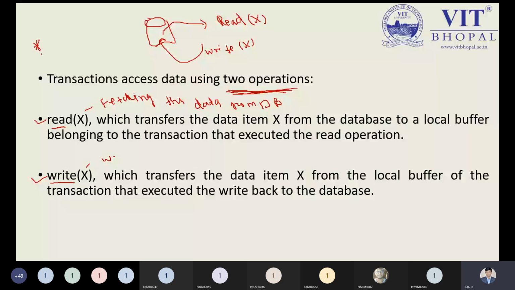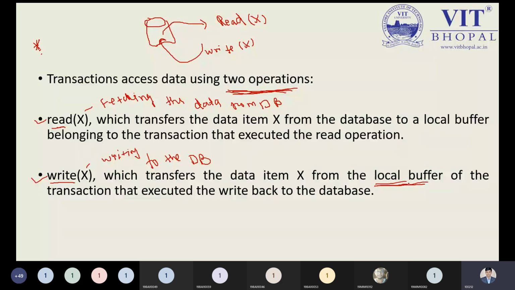It means writing to the DB from the local buffer, where our information is stored.